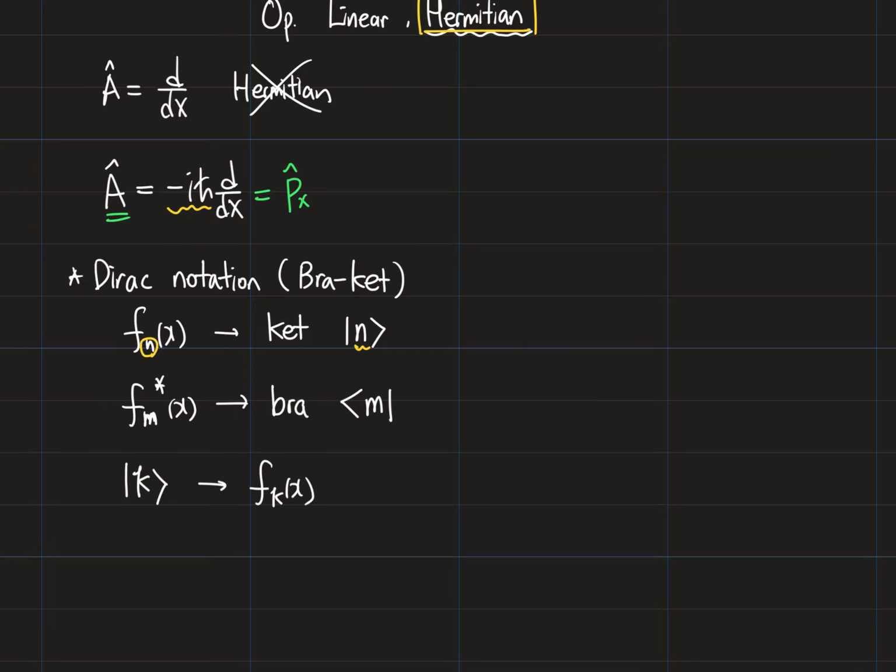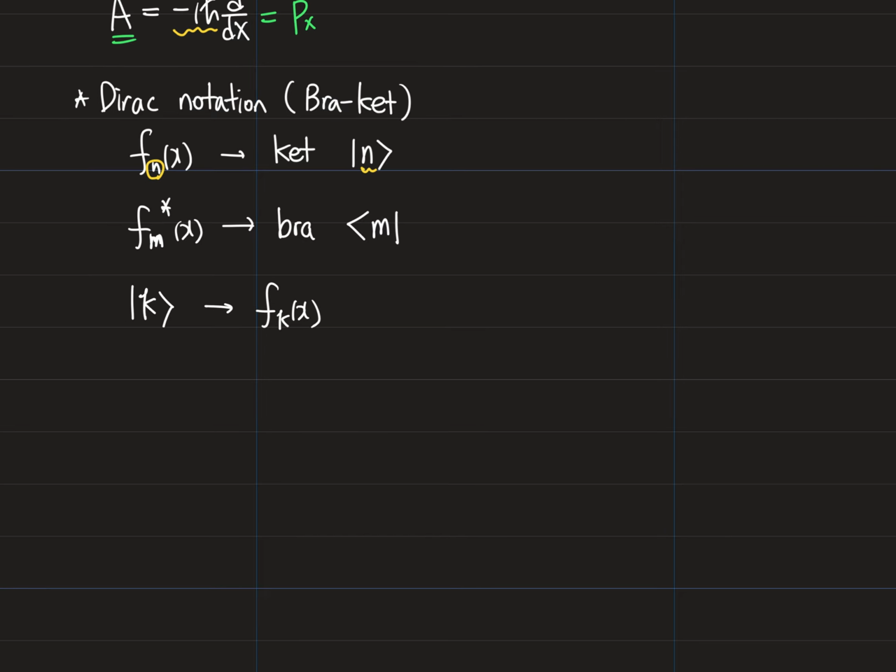This is the way in Dirac notation that we can simply express the integral. If you have an integral like this, which is a very commonly appearing integral expression in quantum mechanics, it is simply a bra vector m and the ket vector n, like this.